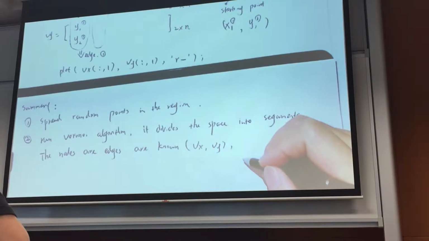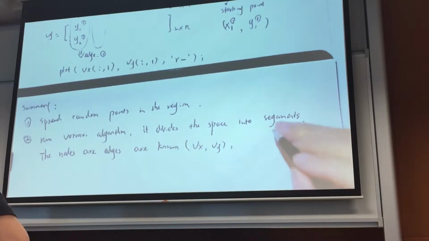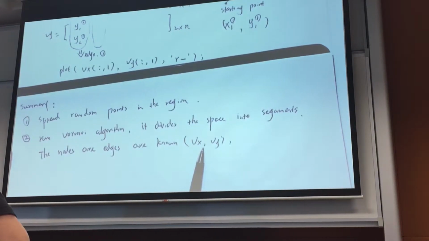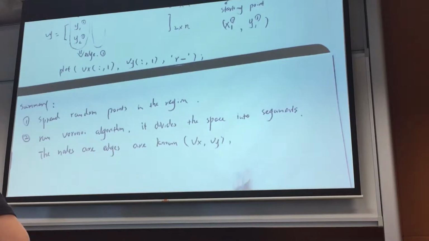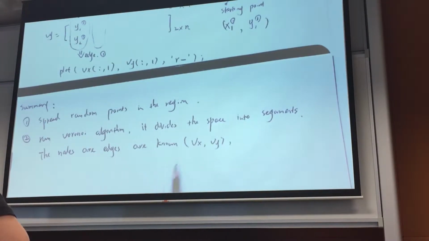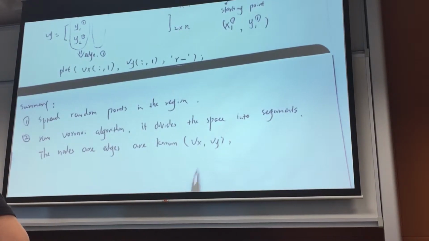Then you can define the distance. The Voronoi only gives you these nodes, like in GPS navigation. You know all the waypoints, all the turning points in your road, but the distance has not been calculated.